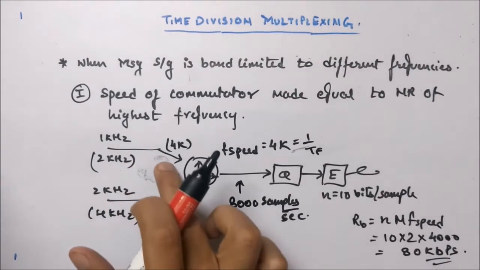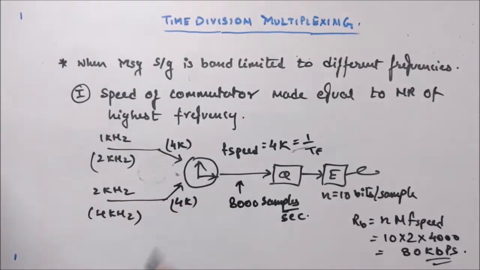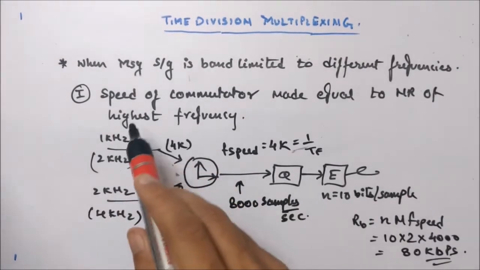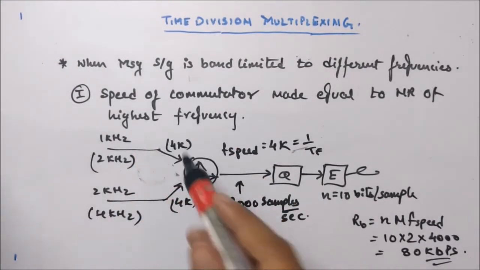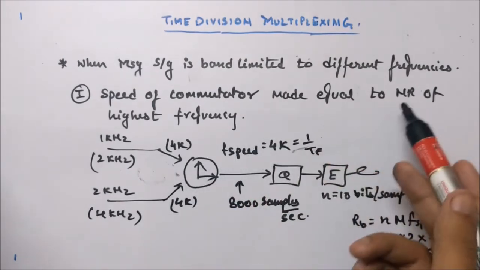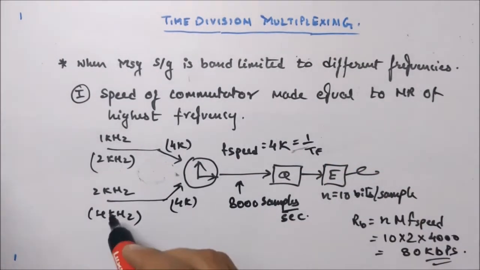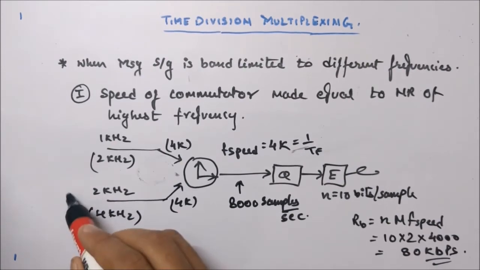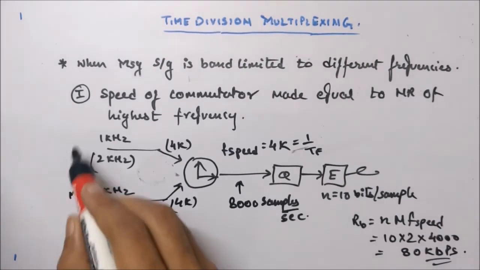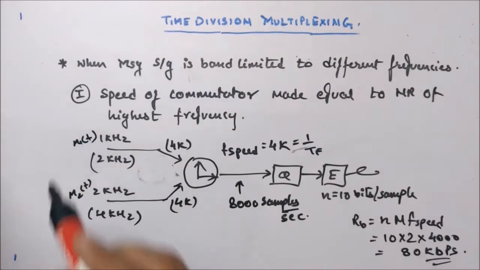Okay, so that is why we are setting the speed of the commutator to the Nyquist rate of the highest frequency. This is the highest frequency, the Nyquist rate is higher for message 2. This is your M2 of t, this is your M1 of t.